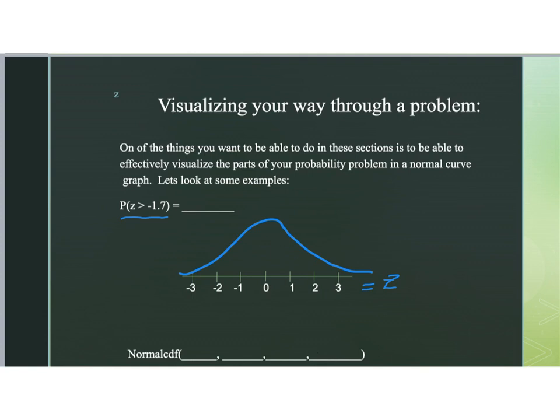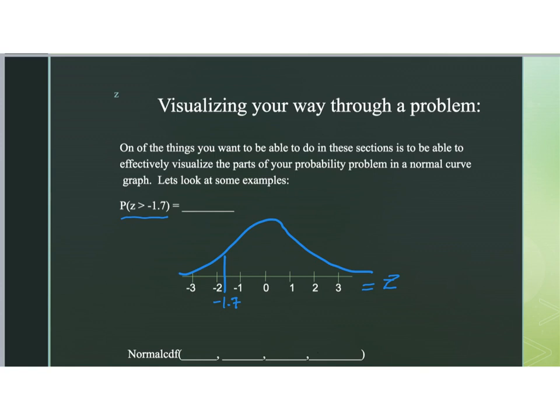So looking at my well-labeled x-axis here, we could approximate the location of negative 1.7 as being somewhere between negative 1 and negative 2. So I'm going to go ahead and label that out here, negative 1.7.